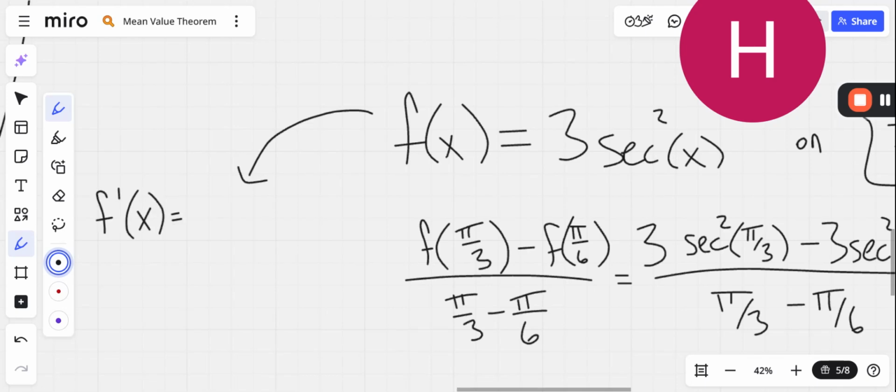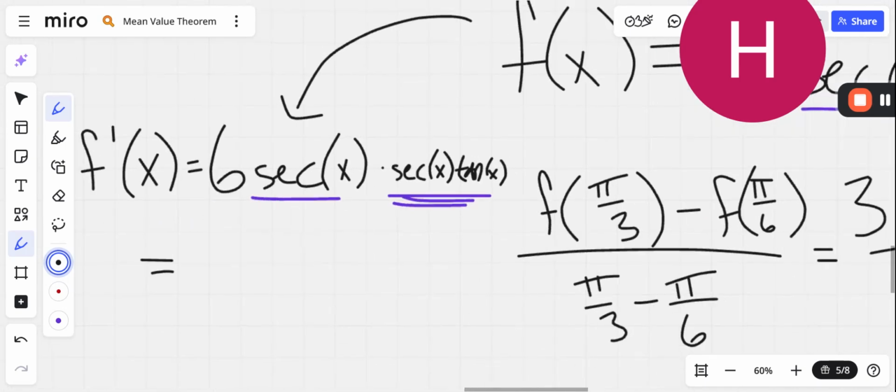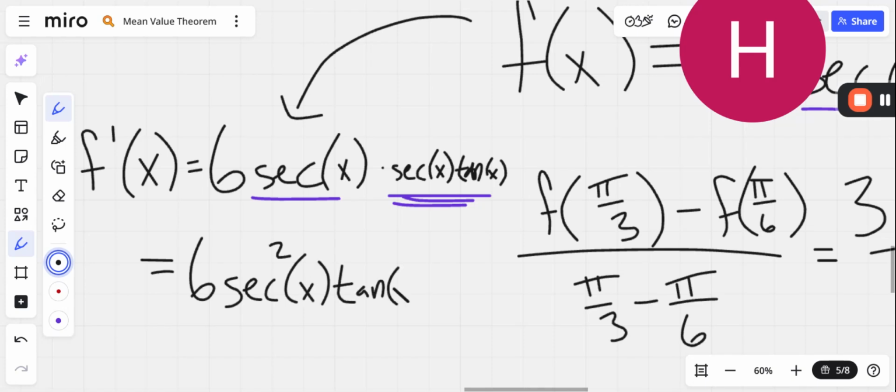is going to be 6 secant x, and then because of the chain rule, the secant x is technically inside. We have to multiply by the derivative of secant x, which is secant x tan x, which means we have 6 secant squared x times tan x.